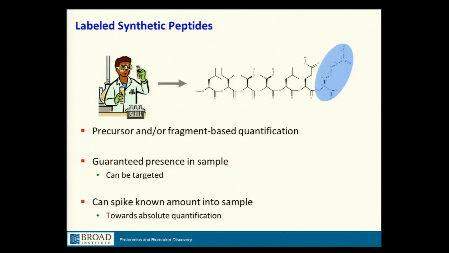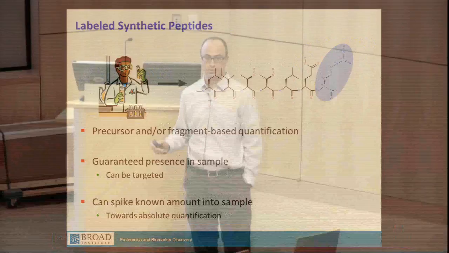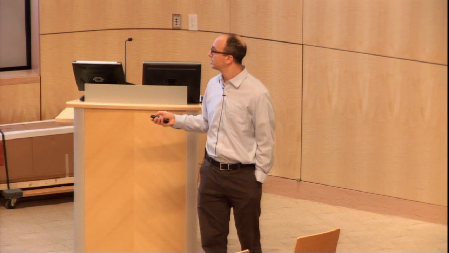Okay. I'm just going to touch very briefly on this because we're going to hear a lot more about it later. You can always, if there's something that you care very deeply about, both observing and getting very good quantification on, you can make a peptide in the laboratory or a contracted company to do it that already has a stable isotope amino acid incorporated into it. You can use this for both precursor and fragment-based quantification, and Hosmek will talk more about that next.